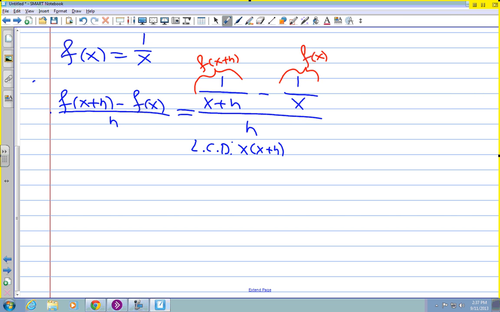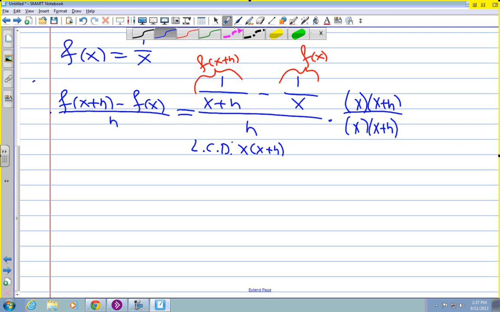Right? That would be the least common denominator. And just multiply top and bottom by x times x plus h over x times x plus h. That's the technique we use to simplify this. So this is new, multiplied by 1.